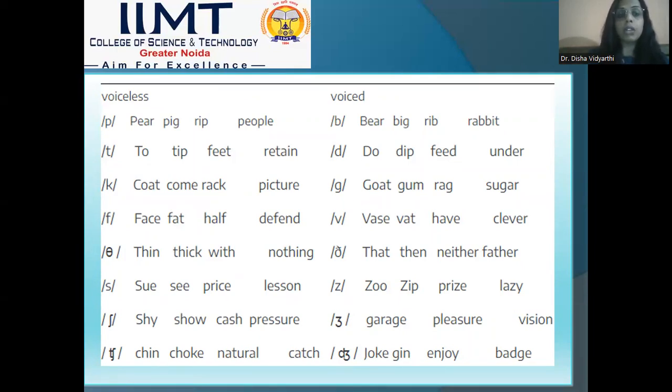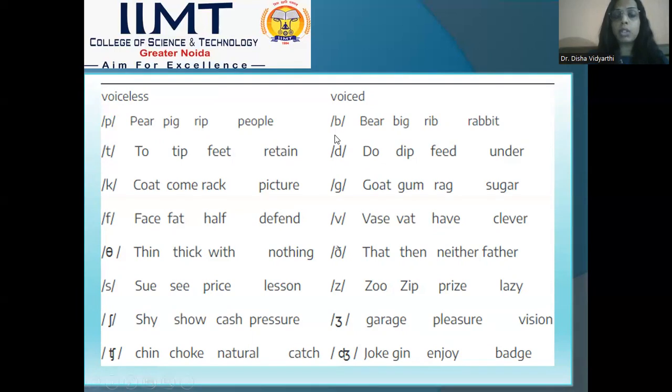So certain sounds which we produce with the front speech organs of the oral cavity are voiceless, because there is no major movement in the vocal cords. On the contrary, if you speak p and then you speak b, there is a little vibration through the vocal cords.